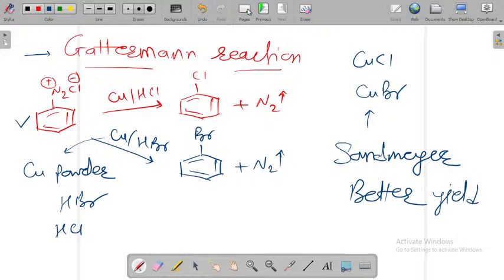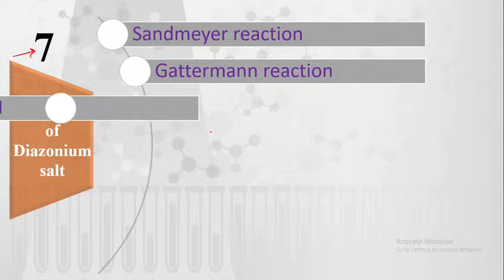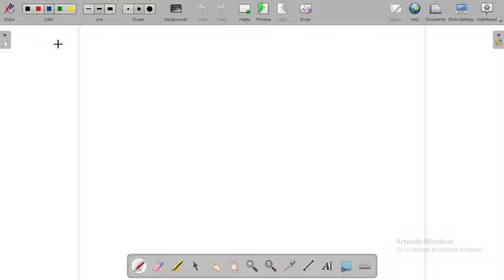Now we'll see the next reaction, done with potassium iodide. If you try to perform this reaction as a Sandmeyer or Gattermann reaction, the reactivity of iodine is not as much as bromine or chlorine.